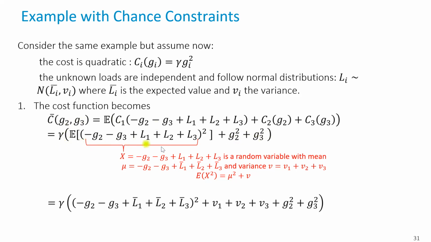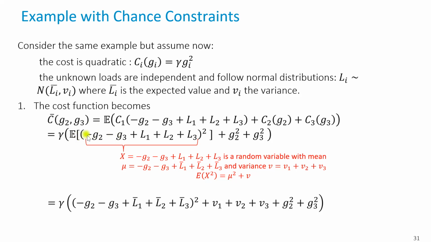And then I have to compute the expectation of this, minus G2 minus G3 plus L1 plus L2 plus L3. Here I did not put it in subscript because the notation would be heavy, but we must remember that when we talk of expectation here, we're thinking of the expectation where the random variable is the vector L1, L2, L3. So the question is now a probability 101 question.